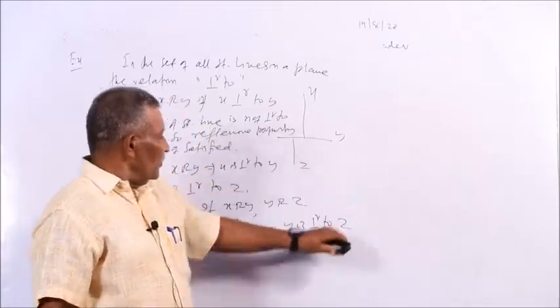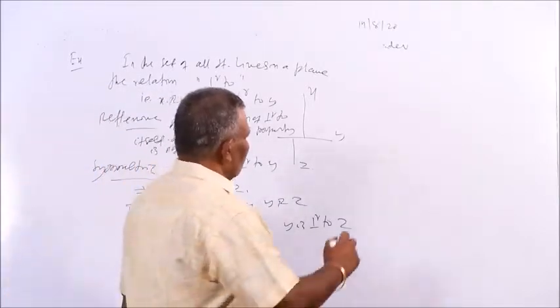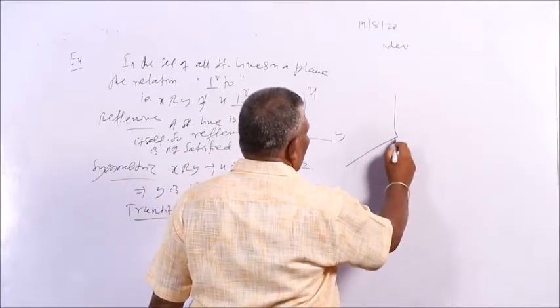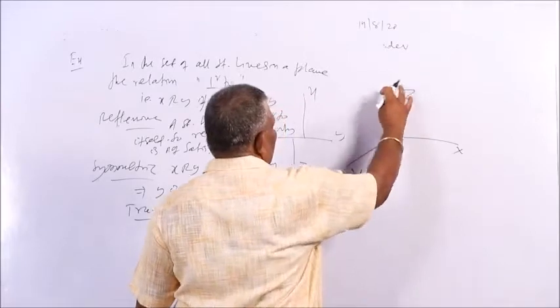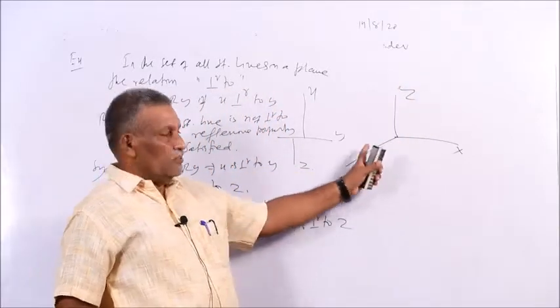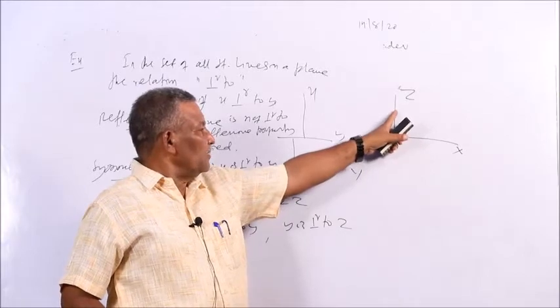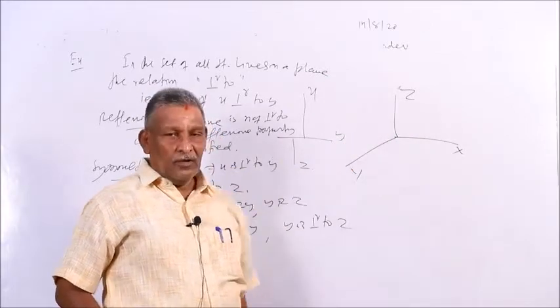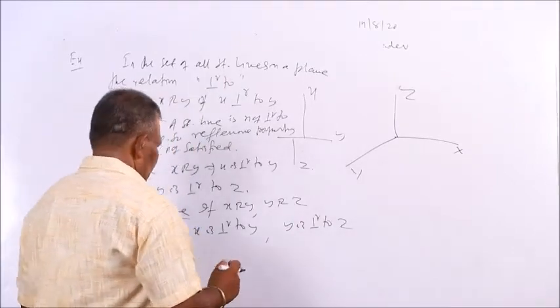Now the question comes whether in all the cases it is not true. No. Let us consider our three-dimensional figure, X axis, Y axis, Z axis. In this case, it is possible. X axis is perpendicular to Y axis, Y axis is perpendicular to Z axis, therefore X axis is perpendicular to Z axis. It is a specific case of coordinate axes.